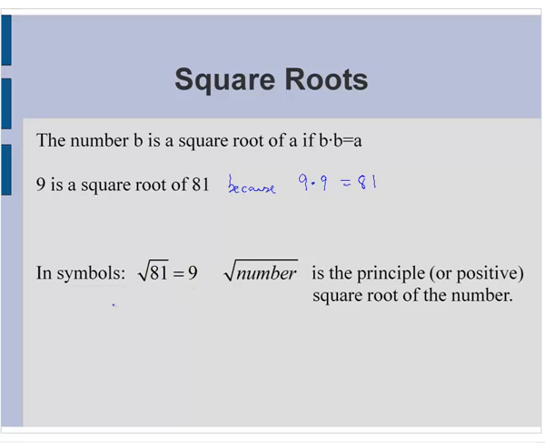That symbol means square root, and it's called a radical. The square root of a number is the principal or positive square root of the number. We'll talk more about what we mean by principal and positive in a later chapter.